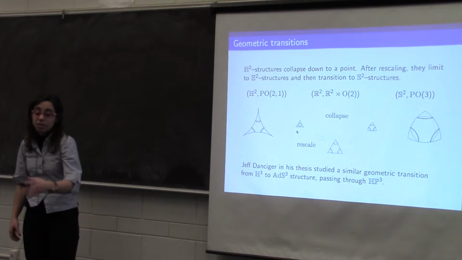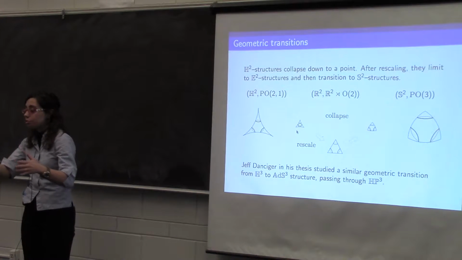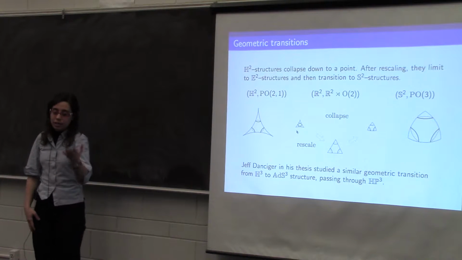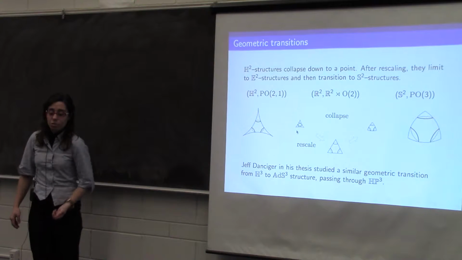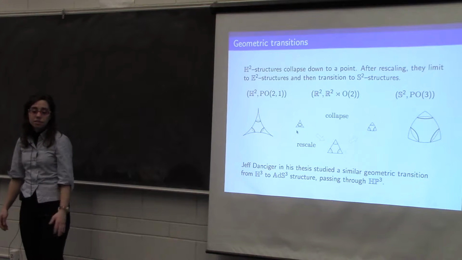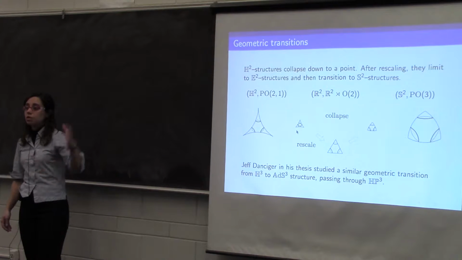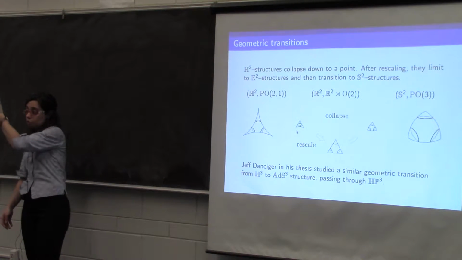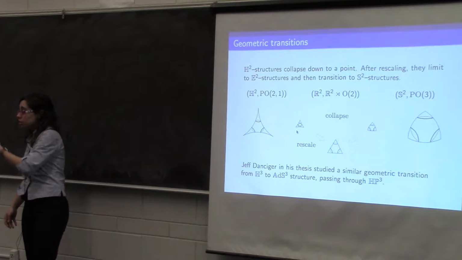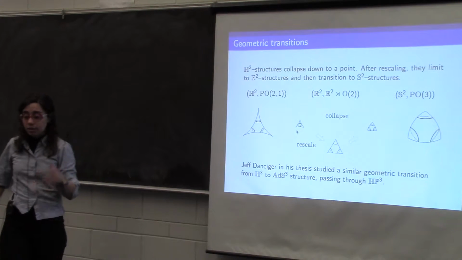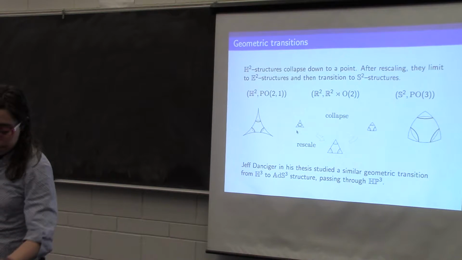This is the case of dimension 2, so surfaces. Then Jeff Danciger, one of my collaborators, in his thesis studied the case of dimension 3. He studied the degeneration from hyperbolic to half-pipe, or going into anti-de Sitter.